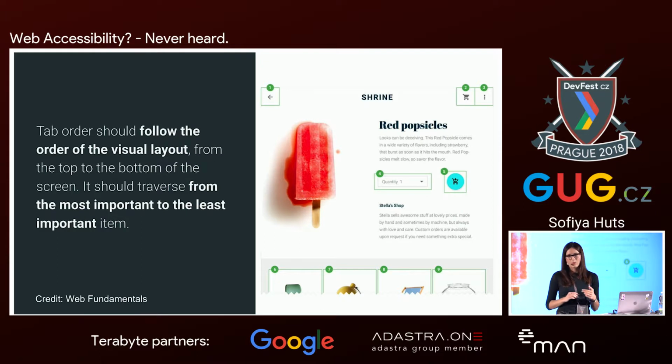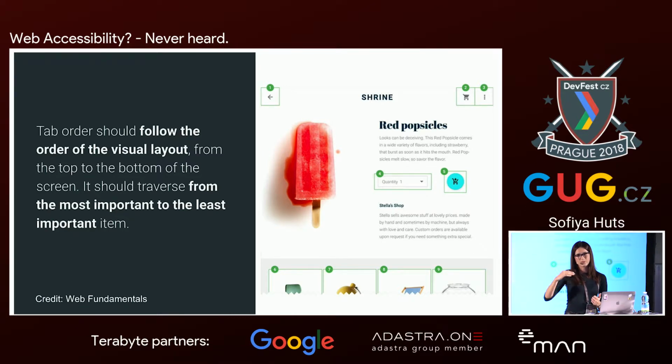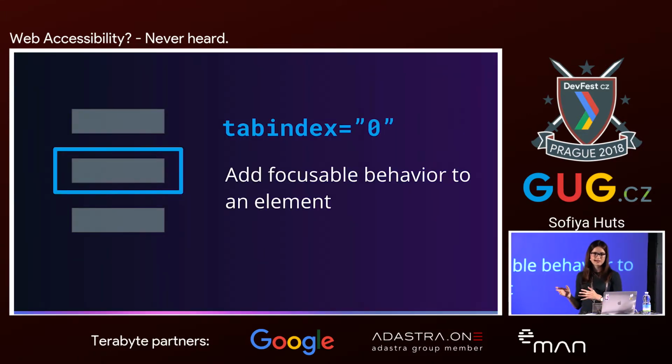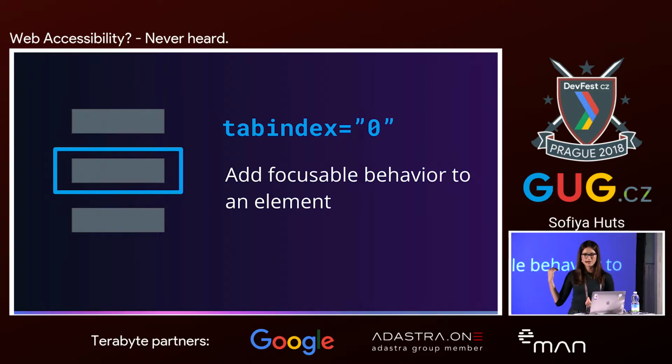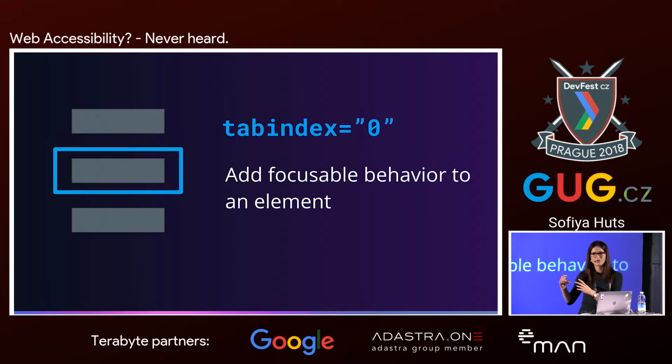But what if you're building some custom interactive control, and a user who is using the keyboard still should have the possibility to navigate to this interactive control by keyboard, get the focus and interact with it? For that goal, you need to use tabindex. When you set tabindex equals 0, the custom control will be inserted into the native tab order. And it also gets focusable behavior, so you can programmatically call the focus method, and it will get focused.